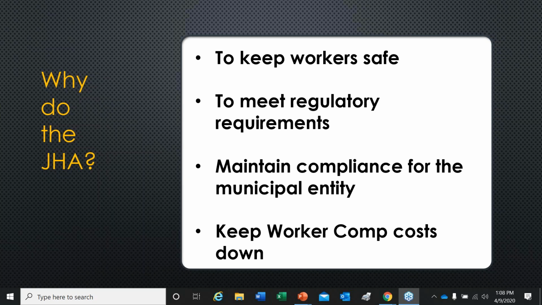How do you take a pump down to isolate that pump and make it so that everything is shut down properly? Those are the kind of things the regulators would look at. You want to maintain your compliance for your municipality or whatever entity you're with. And the final one is you want to keep your workers' comp costs down, because that's a key factor. That's one of the big reasons we give the training. So that's a key factor.